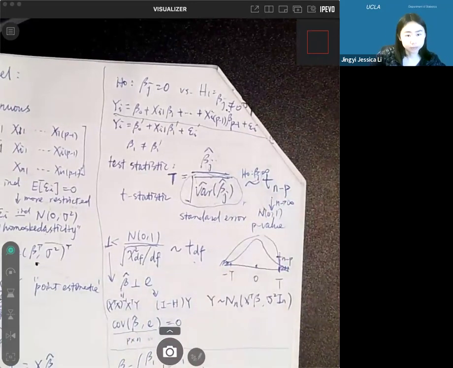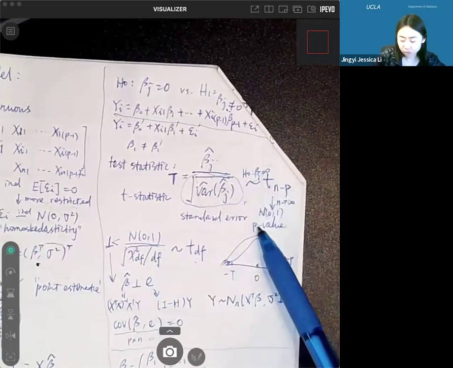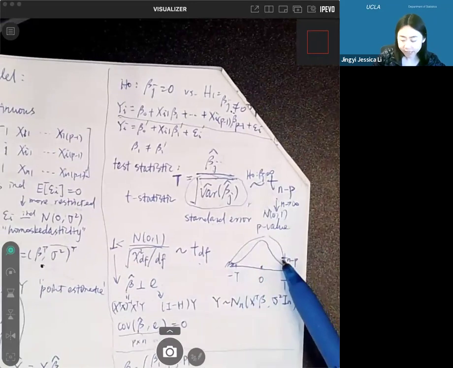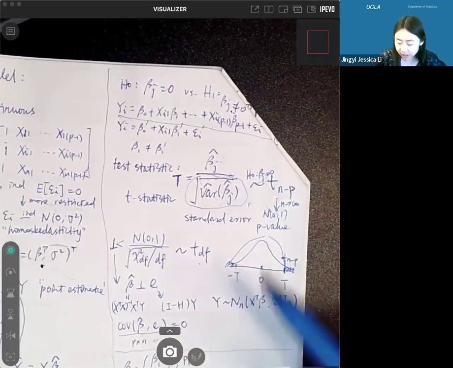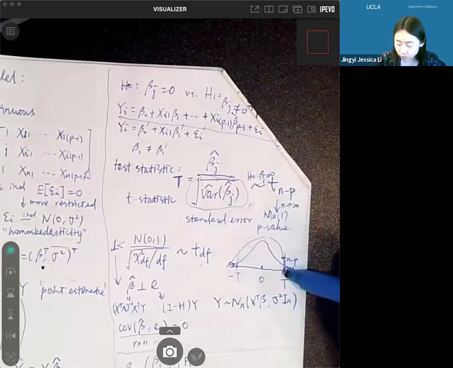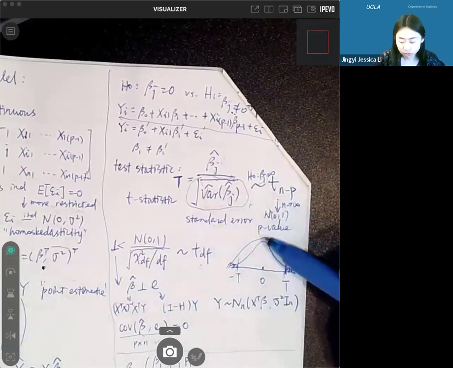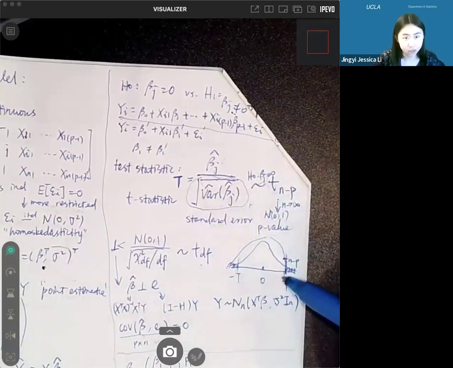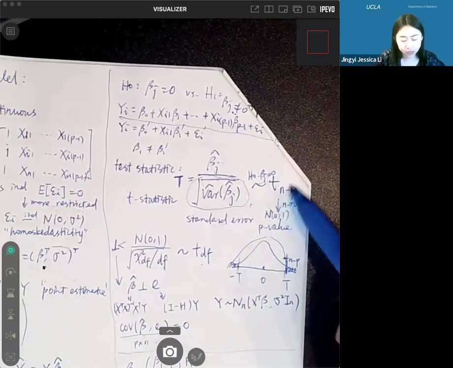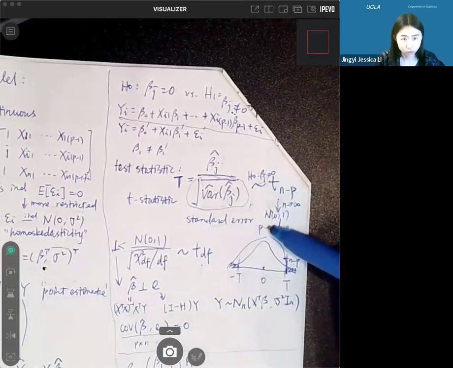That's a known fact. Both T and normal have the bell shape, but T has heavier tails. Given the same value, the two tails have larger probabilities under T than normal. Normal has a light tail. But as the degrees of freedom for T goes to infinity, T converges to normal.